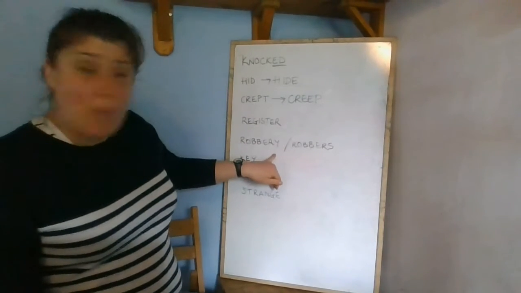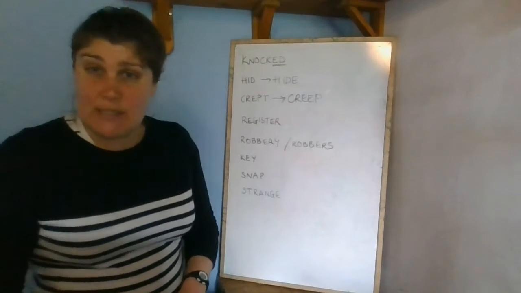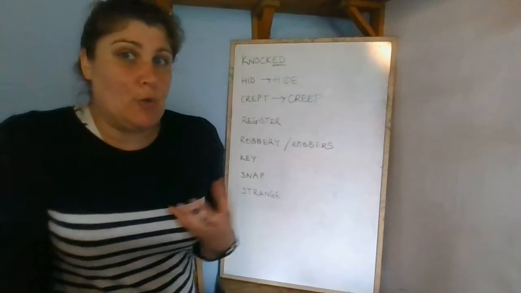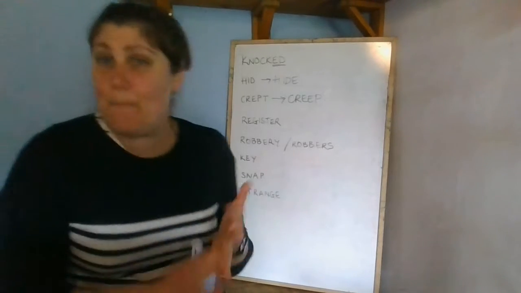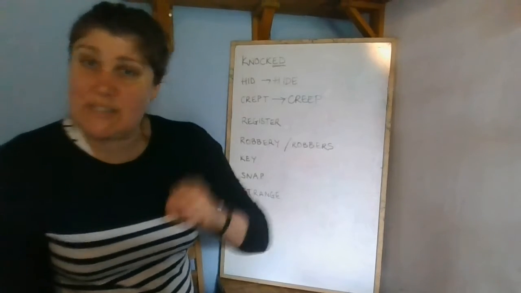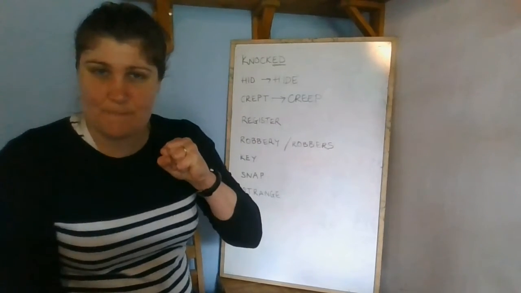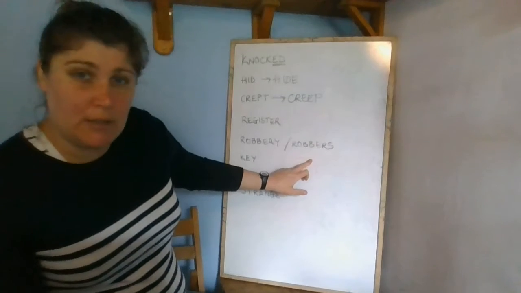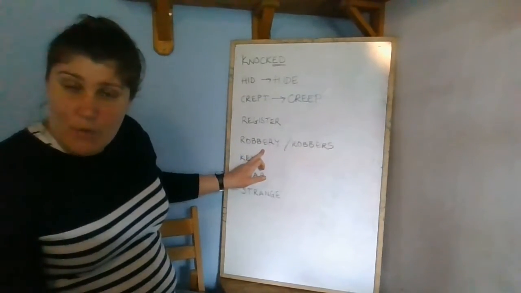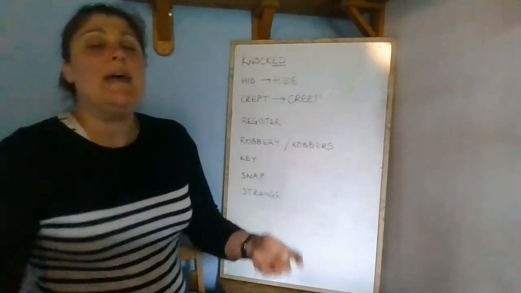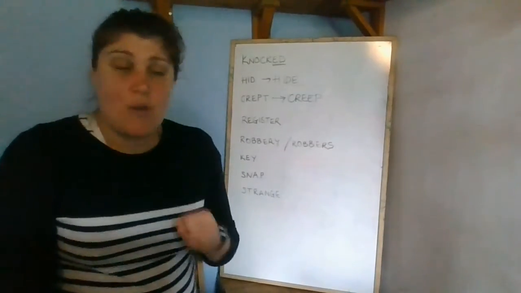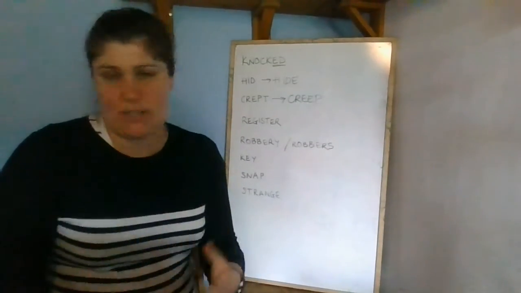The next one is robbery and robbers. Robbers are the people who go to a house or a bank and steal money. Robbers steal things from places. Robbers are the people and robbery is the noun. A robbery is when robbers go in and steal things from a bank or a house, for example.